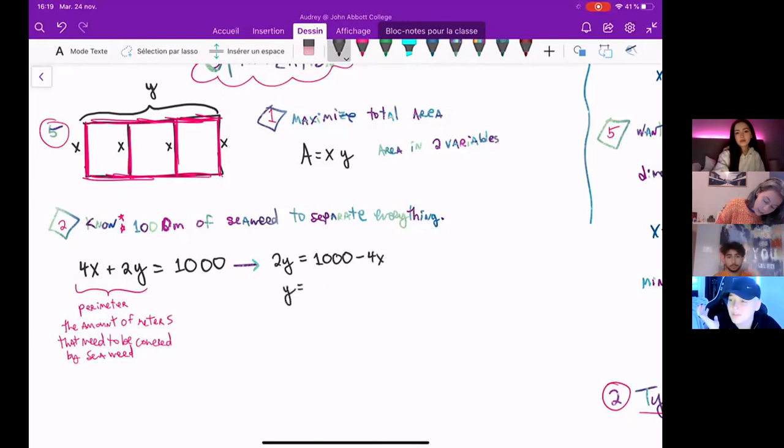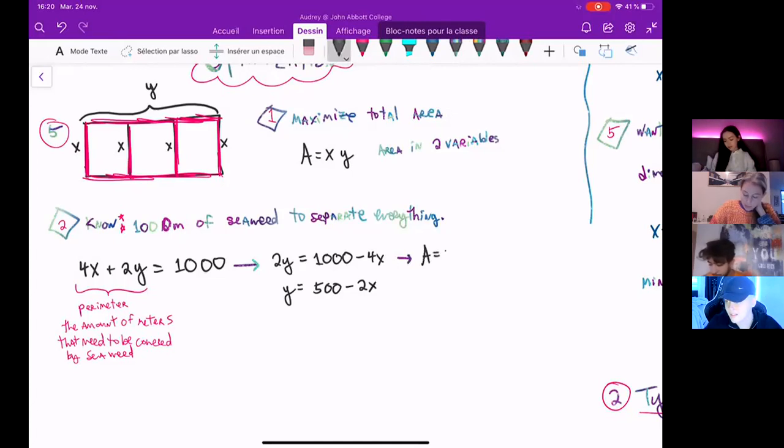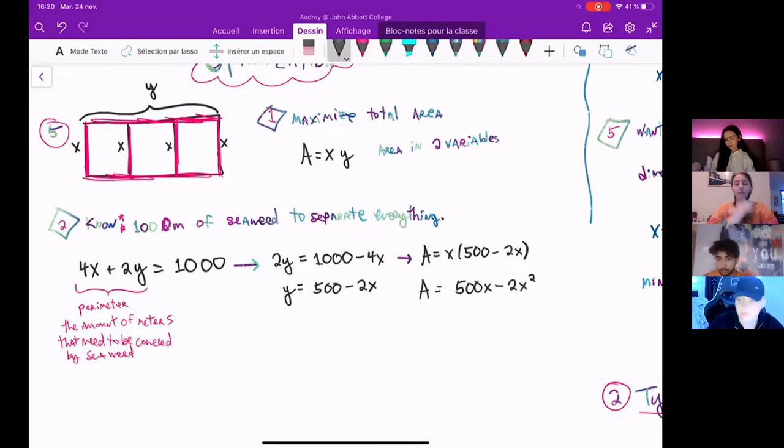So Y is equal to 500 minus 2X. Which means that my area function is equal to X times (500 minus 2X). In other words, area is 500X minus 2X squared.